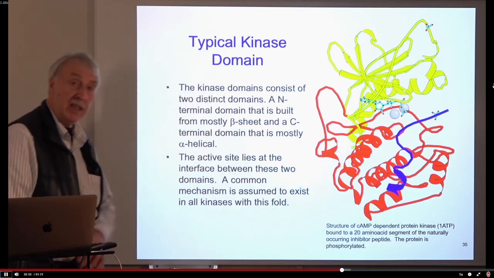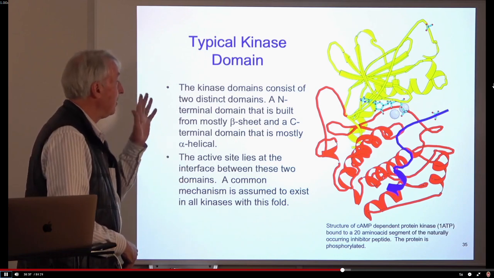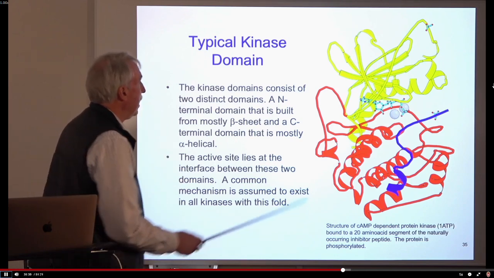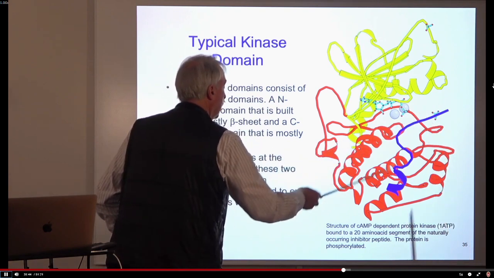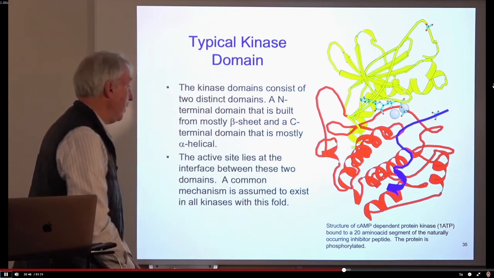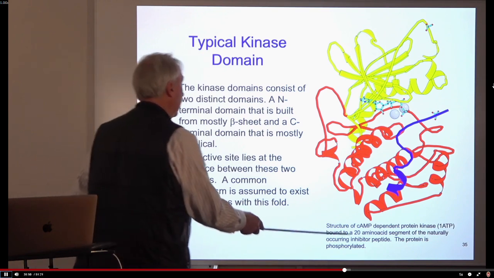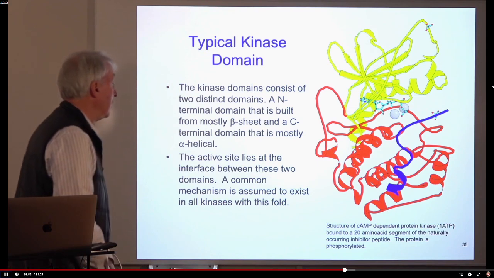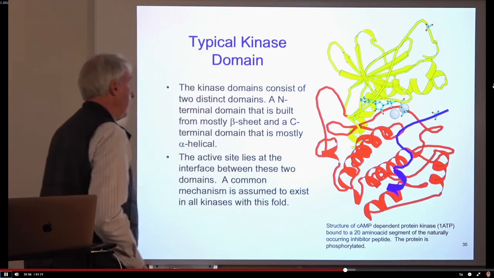So this is similar to the ATP grasp, as opposed to the conformation of the ATP in the P-loop protein. And in this case, the phosphoryl moiety is transferred to a 20 amino acid peptide that is found in a naturally occurring inhibitor peptide. So the protein in this case is phosphorylated, so we're looking at the product of the reaction.